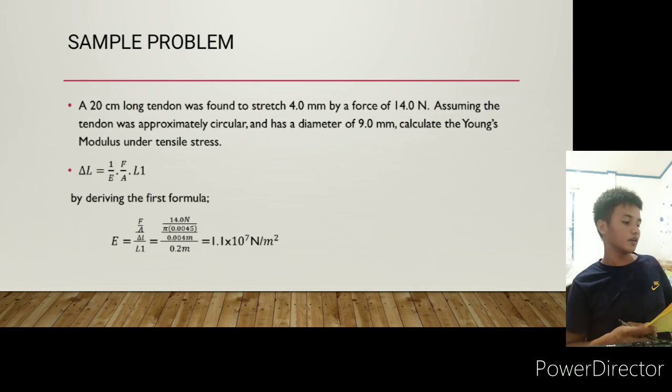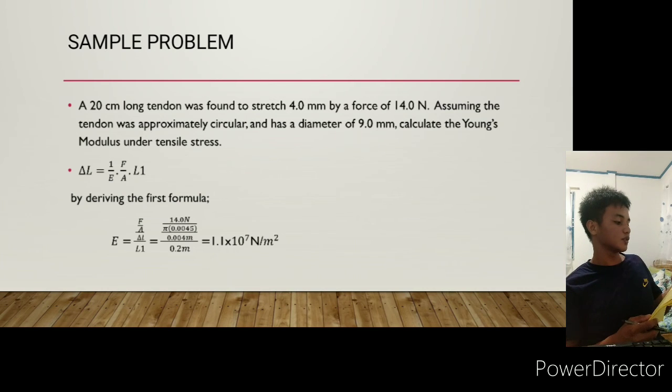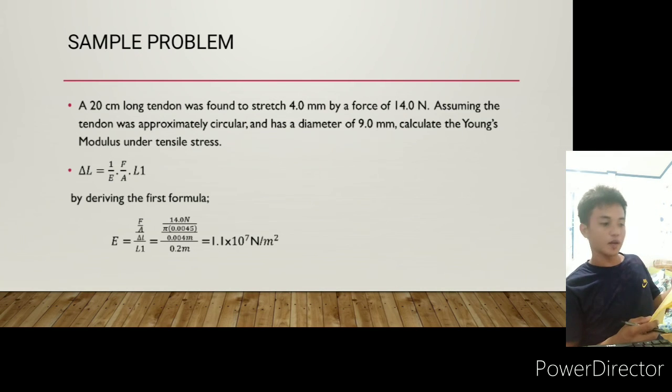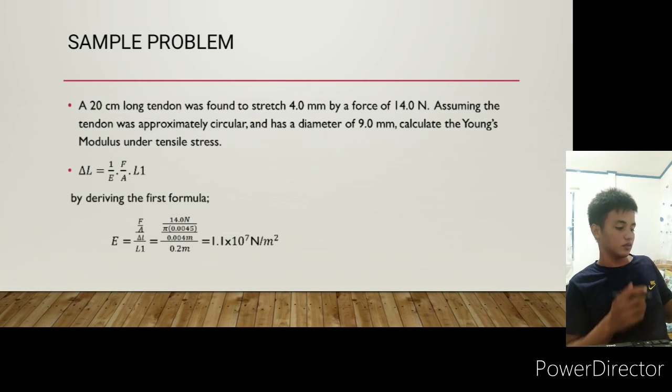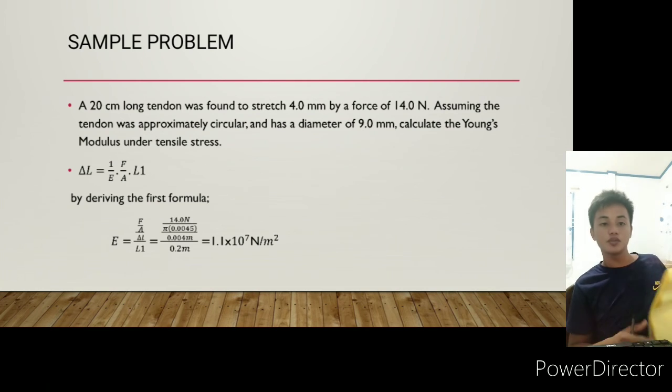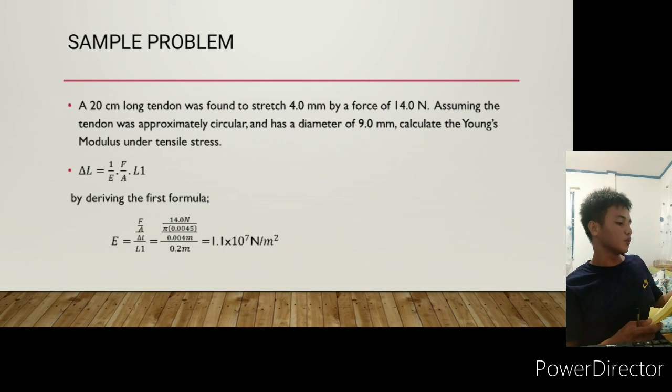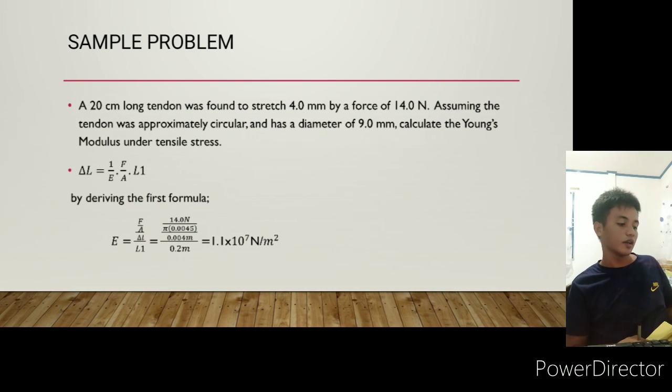And for area, we have the formula of pi times the diameter times 1/2. Since our diameter is 9.0 millimeters and it's circular, we need to first convert the diameter to meters.